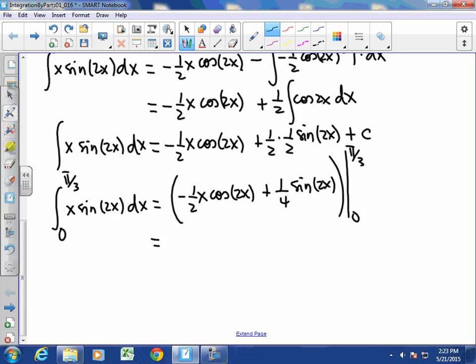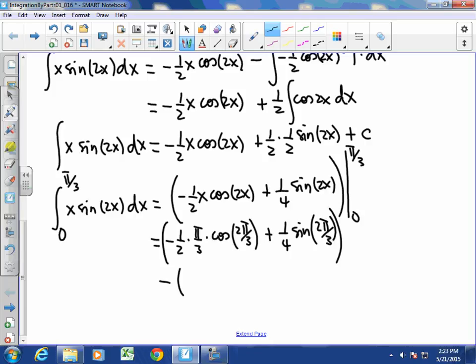Replace x with pi over 3, then we get negative 1 over 2 times pi over 3 times cosine of 2 pi over 3 plus 1 over 4 sine of 2 pi over 3.